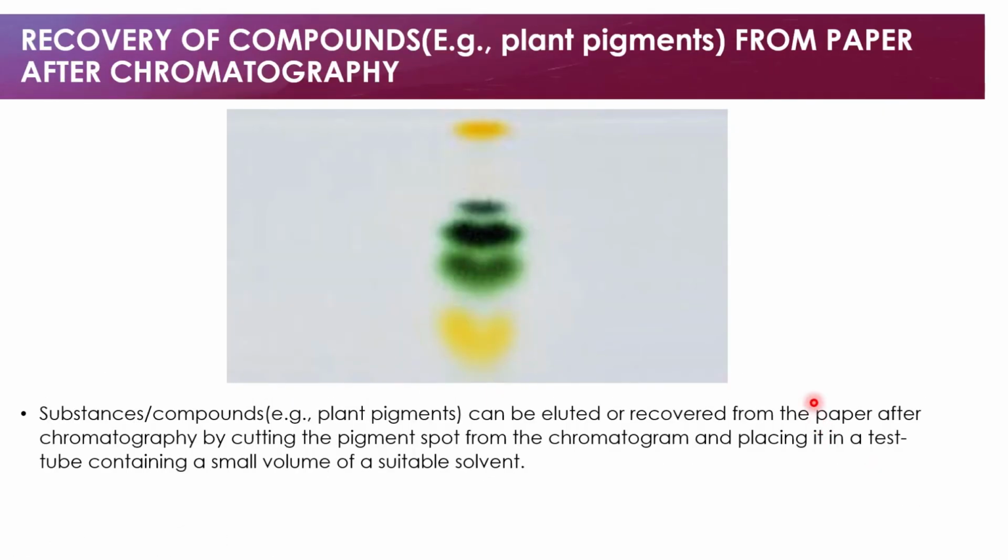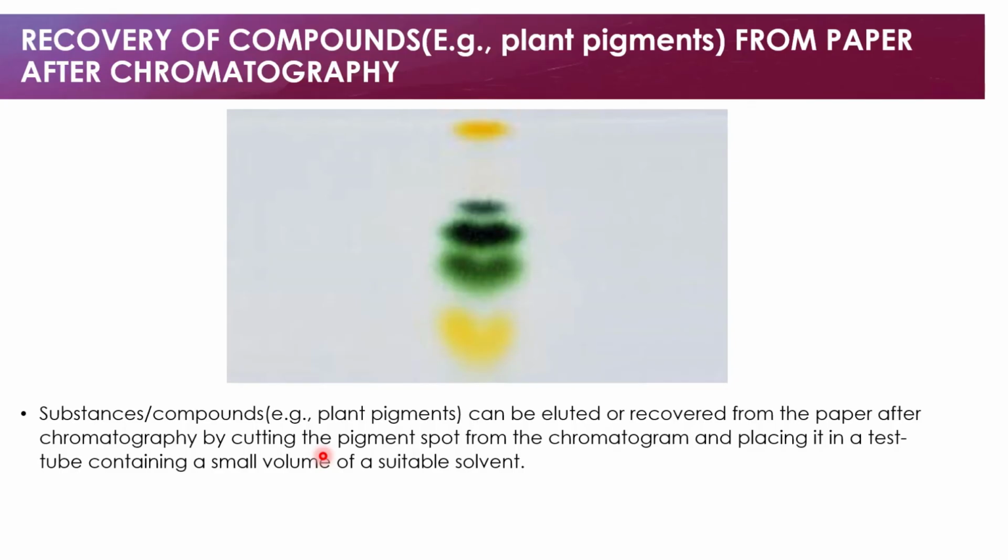So let's now look at the recovery of compounds, for example our plant pigment, from our cellulose filter paper after chromatography. What we have to note is that plant pigments can be eluted or recovered from the paper after chromatography by cutting the pigment spots from the chromatogram and placing them in a test tube containing a small volume of a suitable solvent.